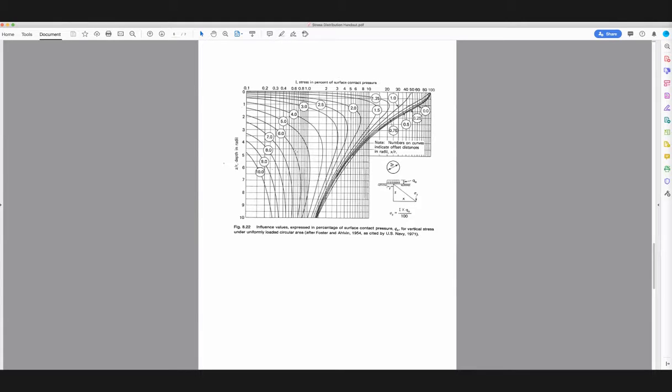In this case the numbers on the curves are x over r, a normalized distance away from the center of the circular loaded area, that's x, as compared to the radius. And the y-axis on the plot is z over r, so it's how many radii you are below the loaded area.